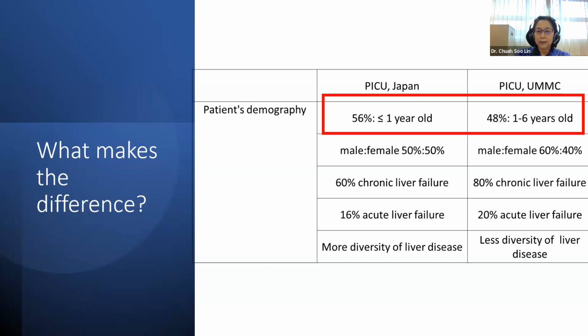The other settings are quite similar in that we are doing liver transplantations, both for chronic liver failure, about 20% acute liver failure, and the female-male ratios are not much different. But we offer liver transplantations for less diversity of liver diseases.